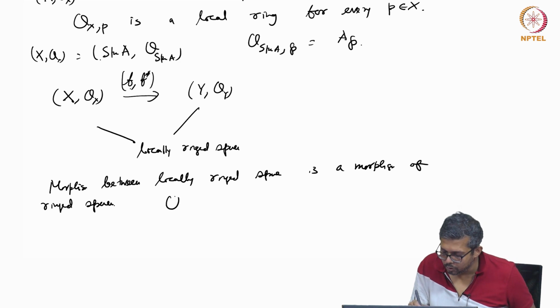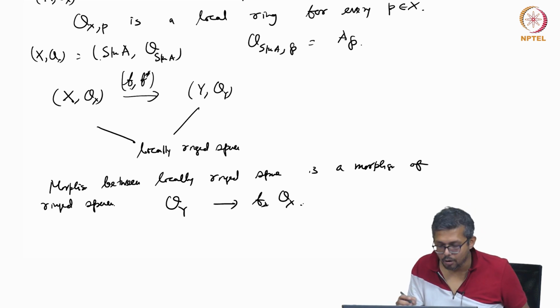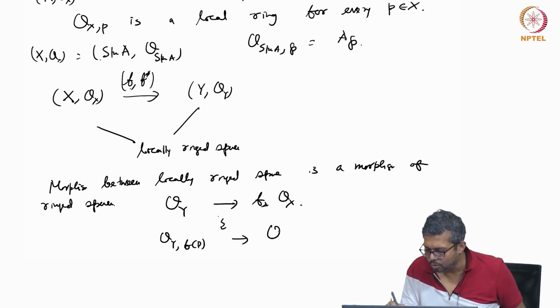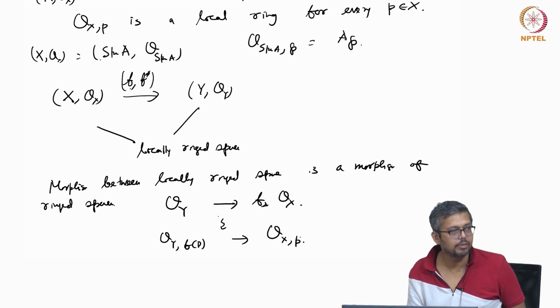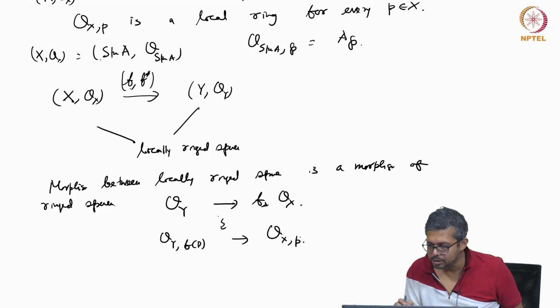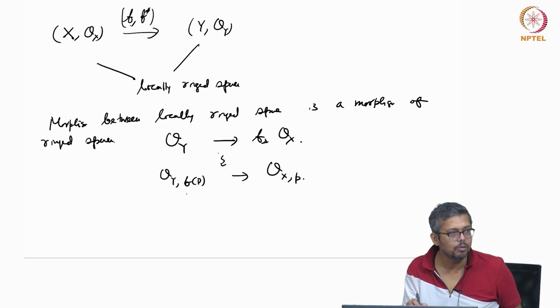with extra structure. You have this map, right? O_Y to f lower star of O_X. Now you have the point f(p). This will induce a map of O_Y,f(p) to O_X,p at the level of stalks. O_Y,f(p) is a local ring because it's a locally ringed space.